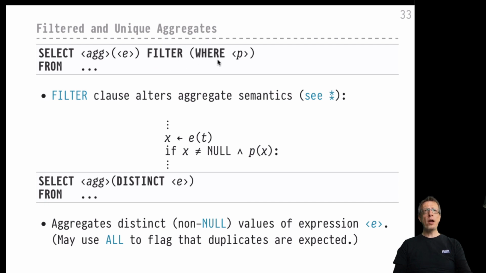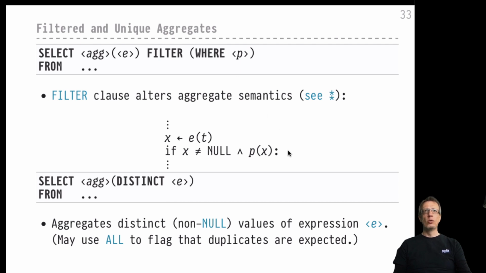This filter where clause attached to an aggregate does exactly what you think it does. It establishes an additional predicate in addition to the condition that the values e that we are computing have to be not equal to null. Non-null values are being aggregated if they also satisfy the predicate p.